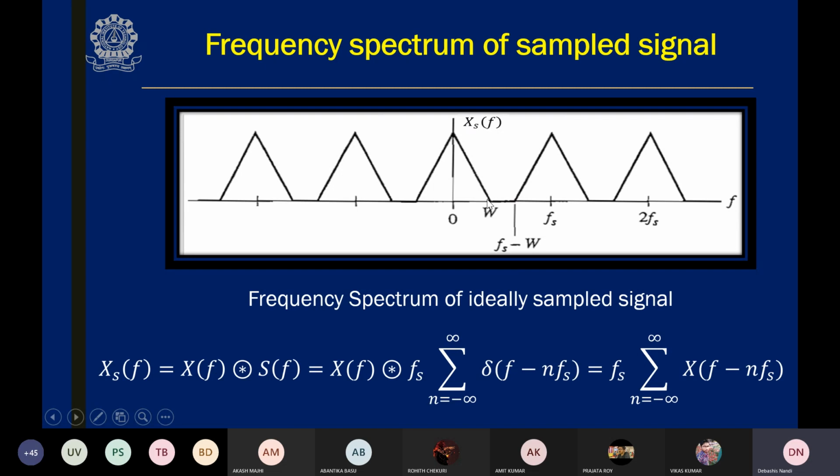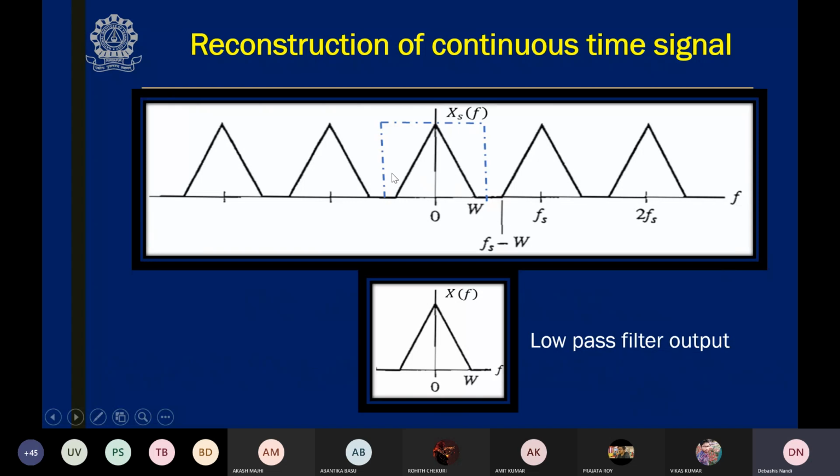So if you apply a low pass filtering technique, where the low pass filter has a bandwidth of at least W, it may be slightly greater than W, but it should not be much greater than W, because then the filter will pass some frequency components of the unwanted bands also. These other side bands are unwanted bands, and this is the only desired band. So I want to filter only this desired band. If you can filter it, then the output of the filter will be this one, which is nothing but your X(f) with some scale factor.